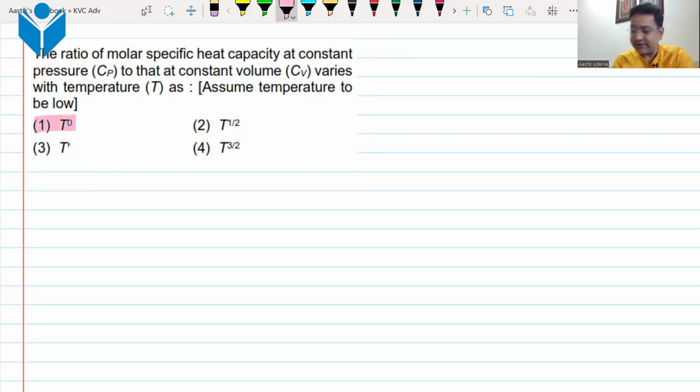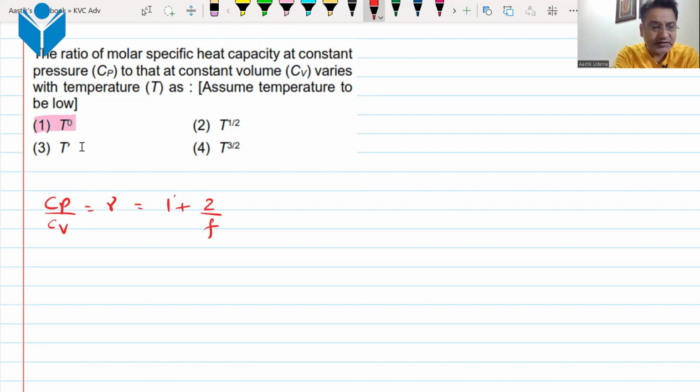Remember, Cp by Cv is nothing but gamma. This is nothing but 1 plus 2 by F. Do we remember this? Yes sir. Where F is the degrees of freedom. You can see the question is straightforward.